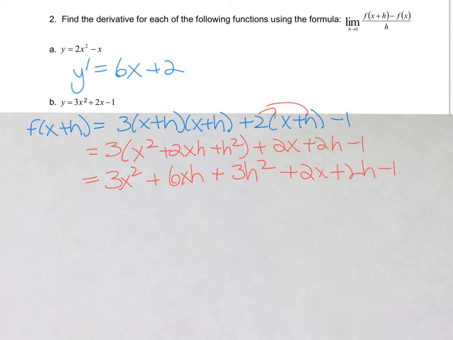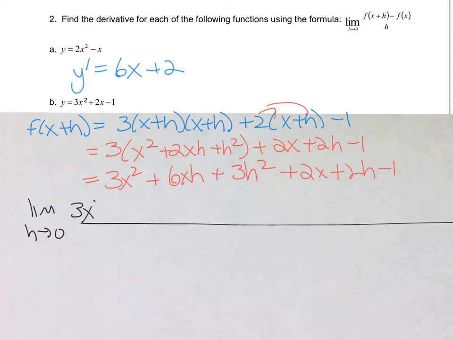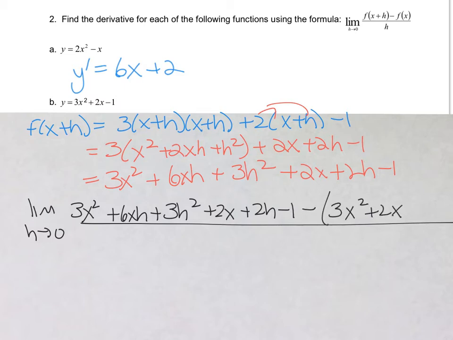So now we have the limit as h approaches 0 of, here's our f of x plus h, minus the original function. This negative gets distributed. Oops, I forgot all over h.